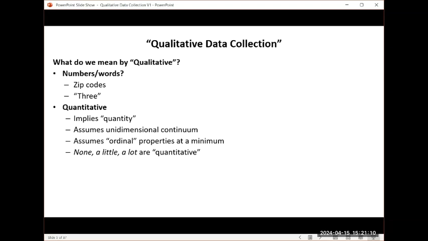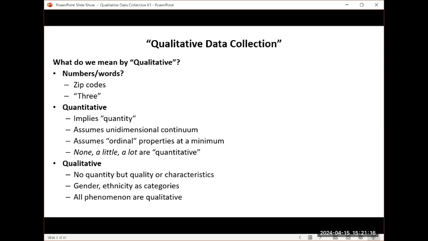If we know what quantitative is, then qualitative is the absence of quantity. When you take away quantity, what you have left is quality, or the characteristic of some thing. When we do surveys, even though we might code it 0 and 1, or A, B, and C, or 1, 2, and 3, it doesn't matter.